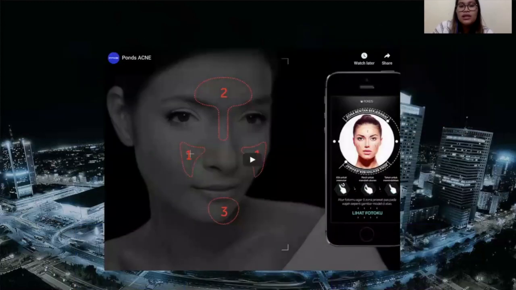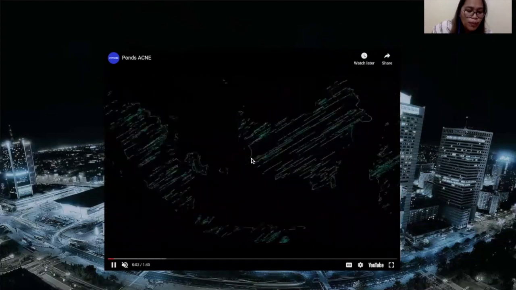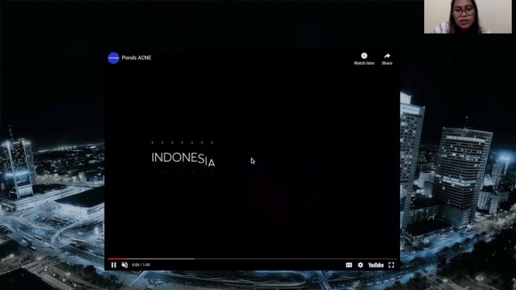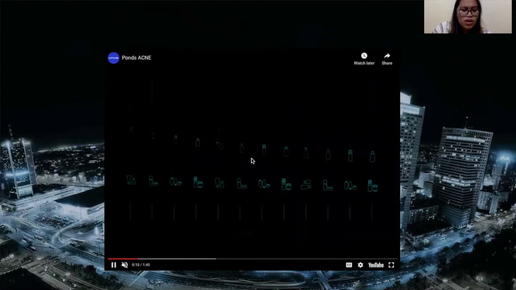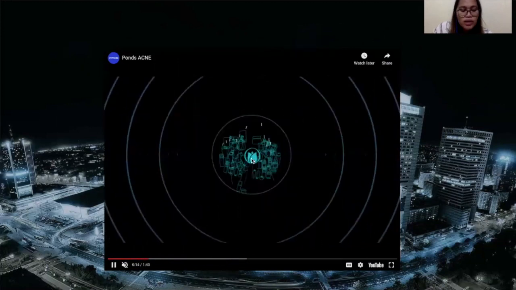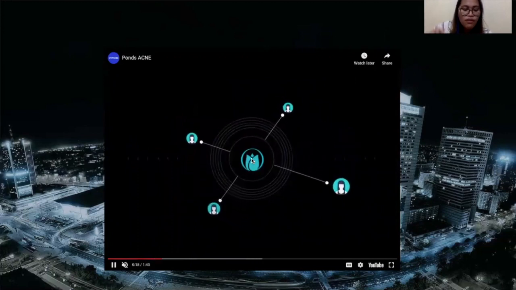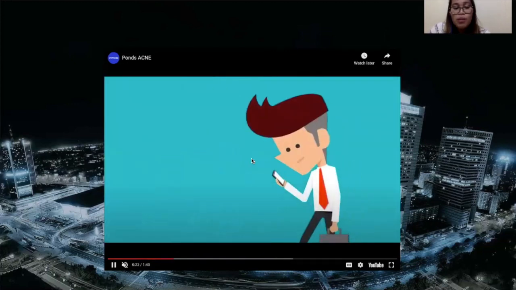Okay, so this is another example of the use of virtual reality. Pond's is a brand that sells beauty and healthcare products, actually under Unilever. It partnered with InMobi to create the world's first face-detecting augmented reality rich media mobile ad.